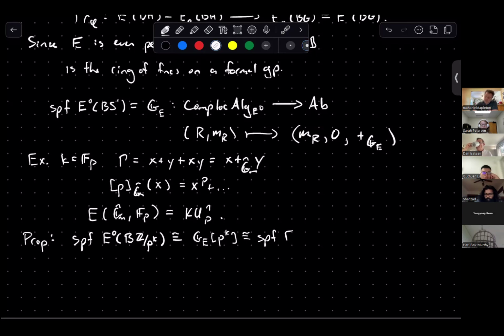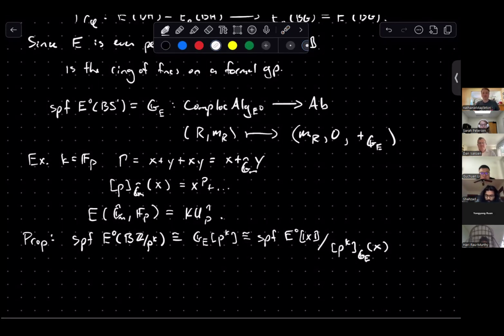This is Spf of E_0 double brackets X, mod the [p^k]-series, for some choice of coordinate and thus some formal group law associated to G_E. This is a non-canonical isomorphism, but this is canonical actually.